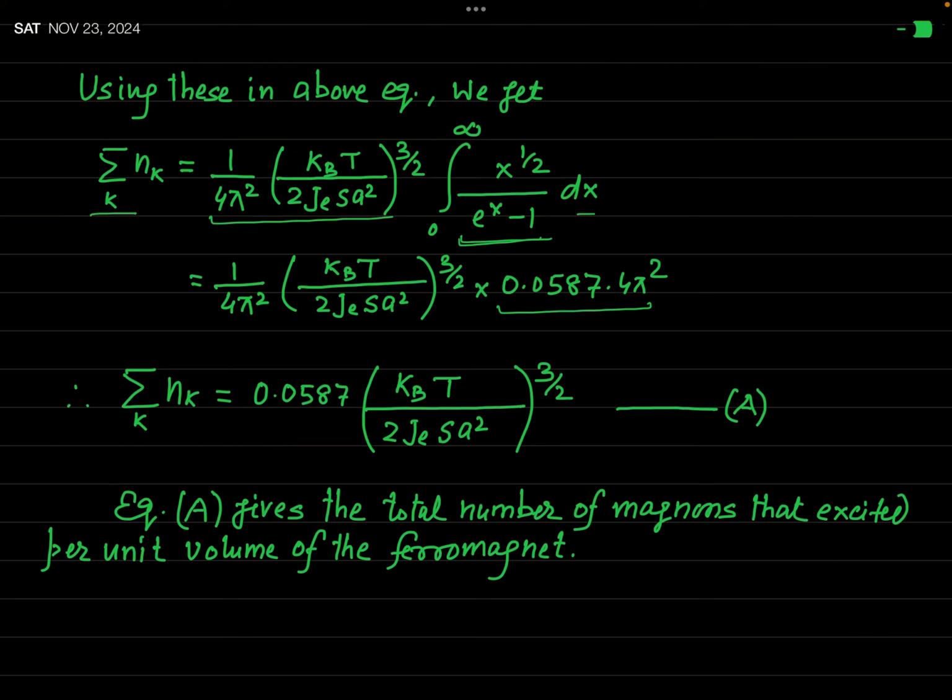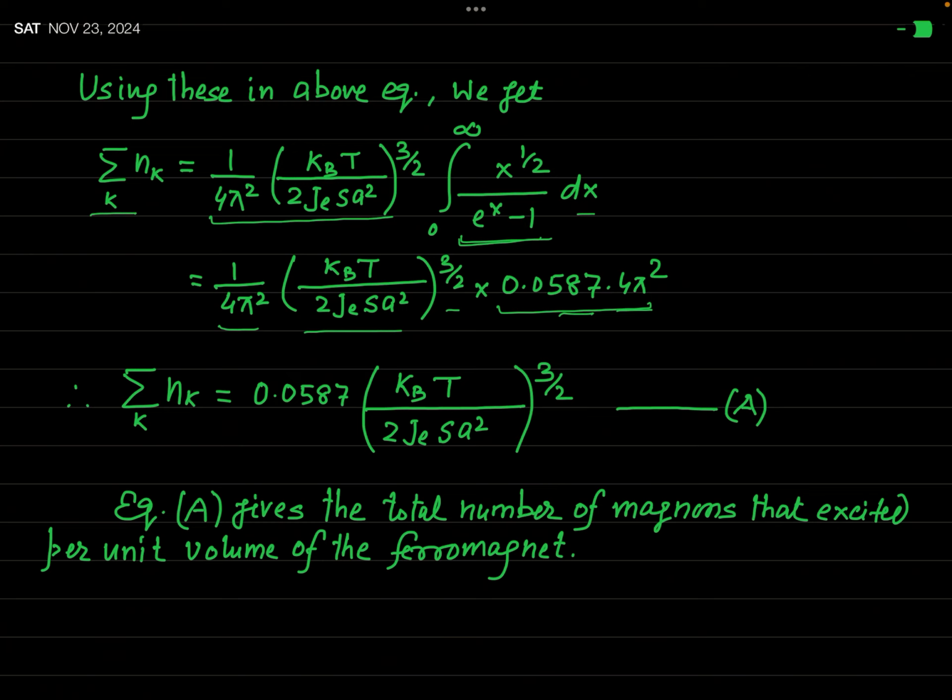So this integral is seen from the table of standard integrals. This is equal to 0.0587 times 4 pi squared. Okay, so the summation over k of nk comes out to be 1 over 4 pi squared times kBT over 2 JSA squared, the whole to the power 3 by 2, times this much.